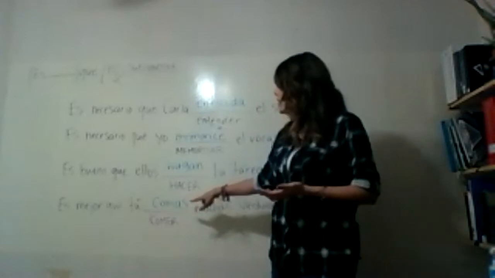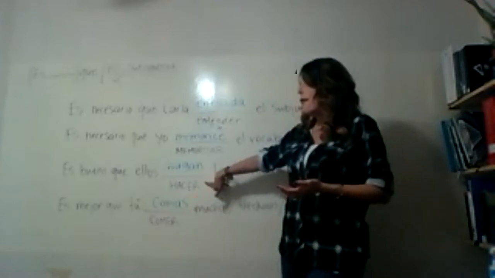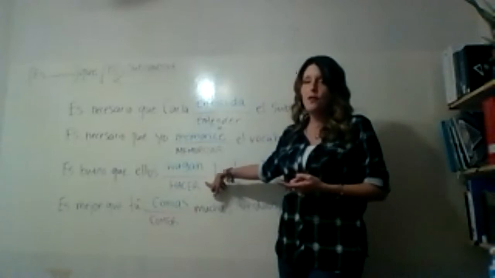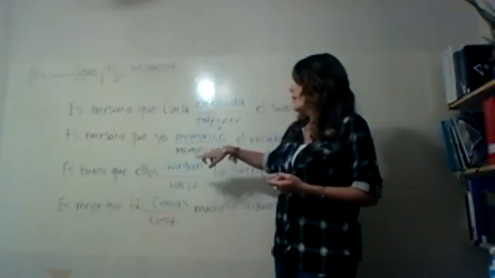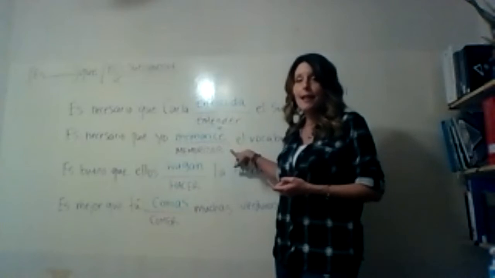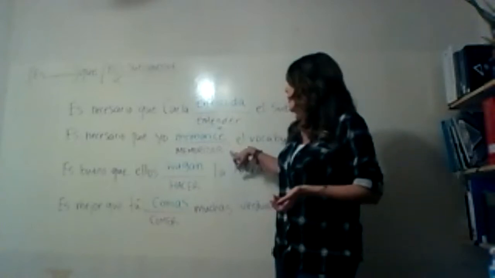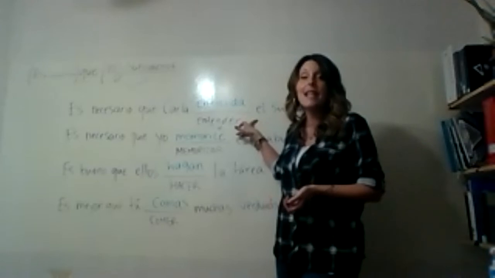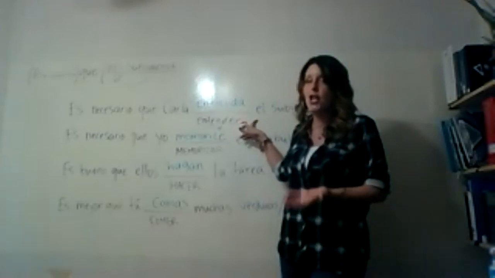It's about opposite endings. We have hacer. What kind of verb is that? That is a spell change verb. Then we have memorizar. What kind of verb is that? That's a czar verb. And then entender, and that is a stem change, E to IE stem change verb.